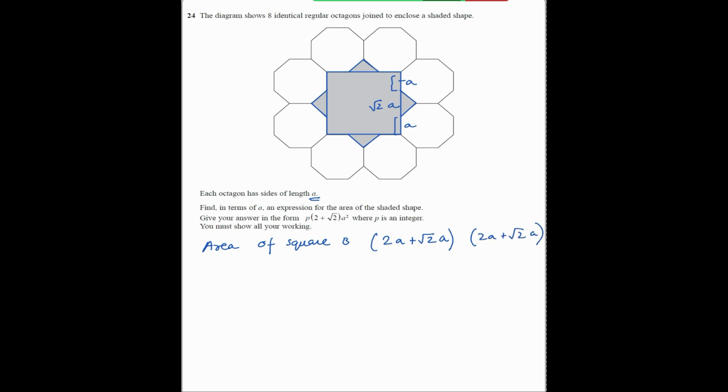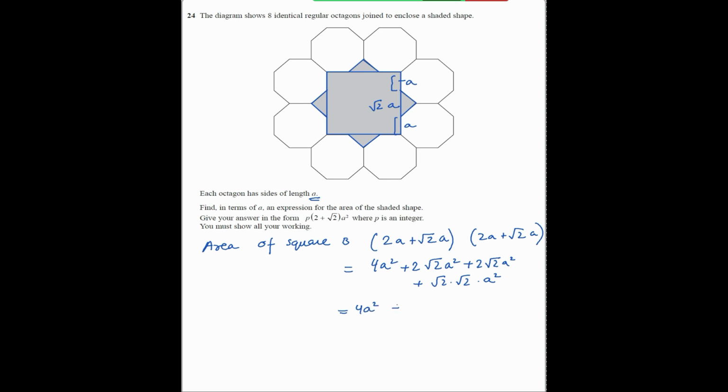So the area of the square is 2a plus square root 2a, times 2a plus square root 2a. If we multiply them, 2a times 2a would be 4a squared. 2a times the square root of 2a would give us 2 square root 2 a squared. Again, square root of 2a times 2a would give us again 2 square root 2 a squared, and in the last term, square root of 2a multiplied by square root of 2a is square root of 2 times square root of 2 times a squared.